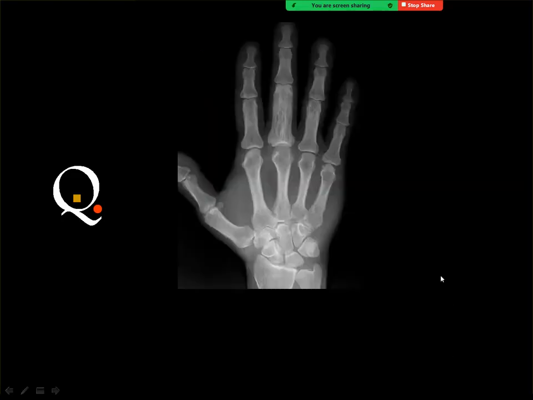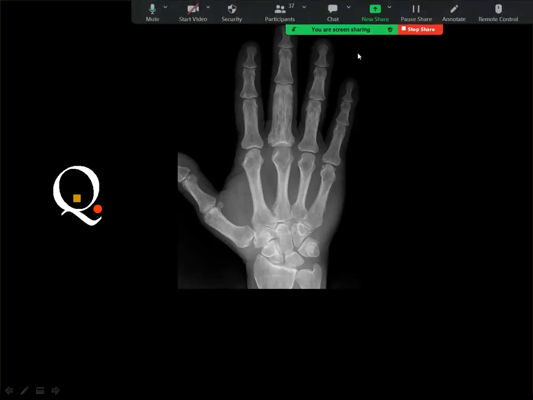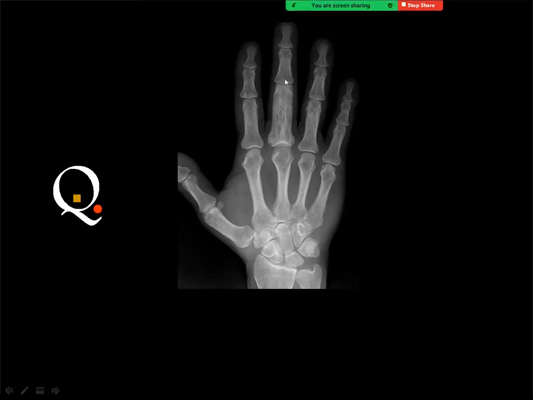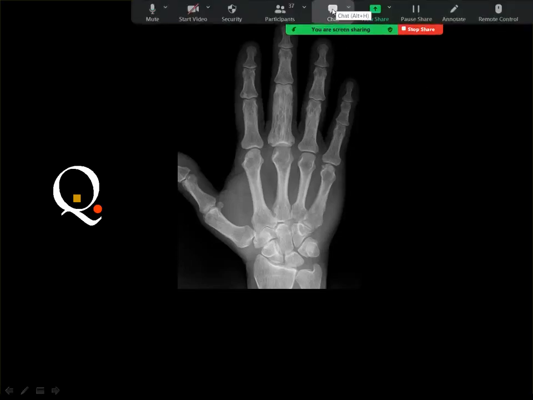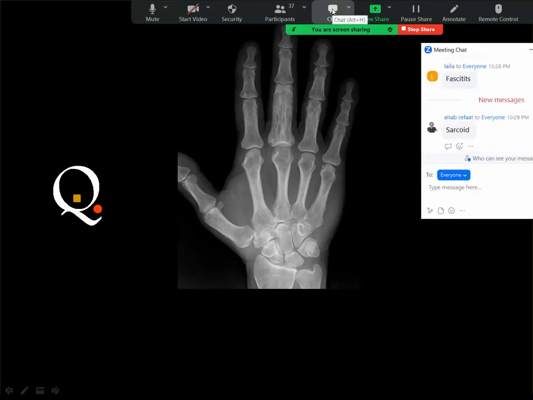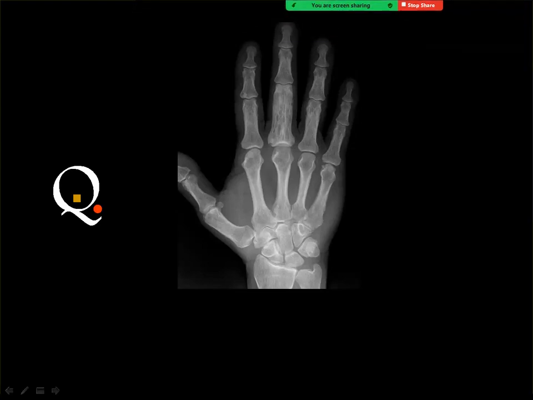Next case is an X-ray of the hand showing a lesion here in the phalanx. No, this is not sarcoid. Paget, yes, Paget is right.